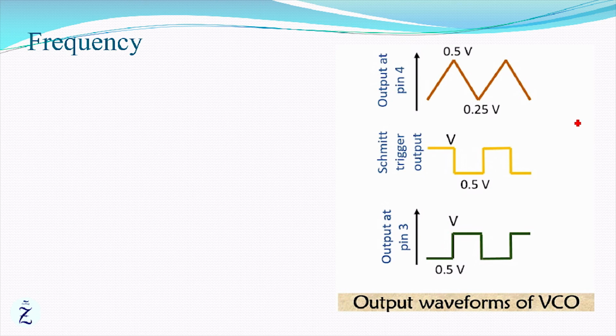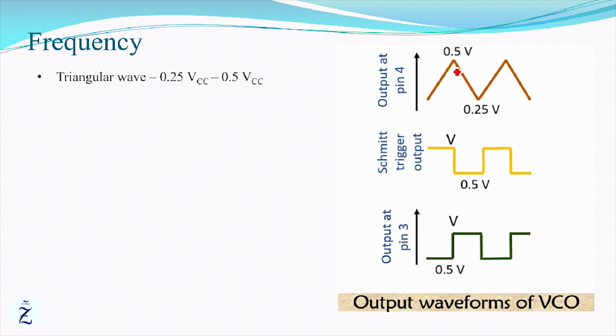Let us calculate the frequency of the output voltage. So this is the triangular output obtained at pin number 4 and this is the Schmitt trigger output. This wave represents the output obtained at pin number 3, which is the inverted version of the Schmitt trigger output.